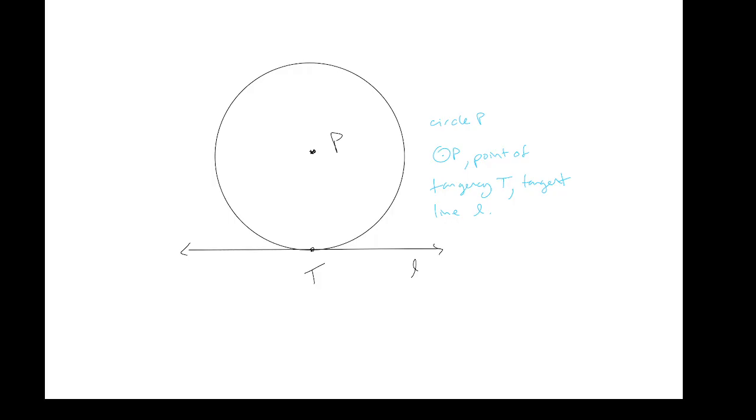Well, now we have this idea of tangency with circles, where from the center to that point of tangency, this will create a right angle. So from the center to any point of tangency, it is perpendicular. In other words, PT is perpendicular to line L. And that is going to be universal.